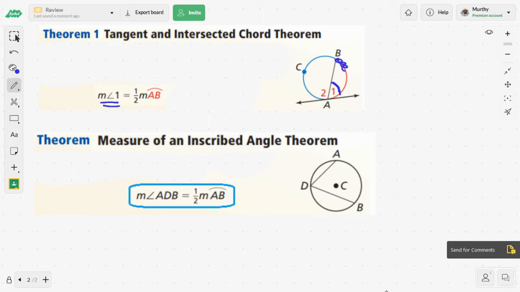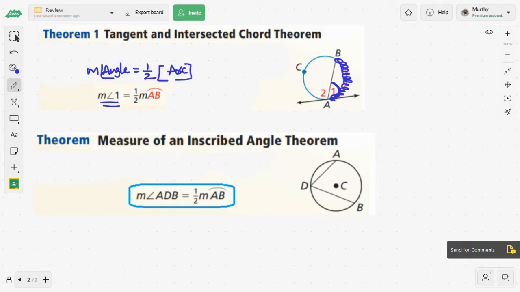You may remember it this way: measure of angle equals half the measure of arc.